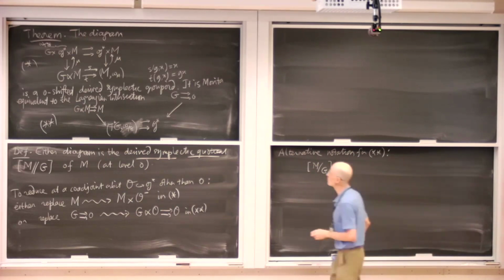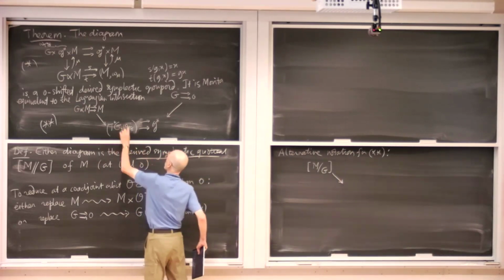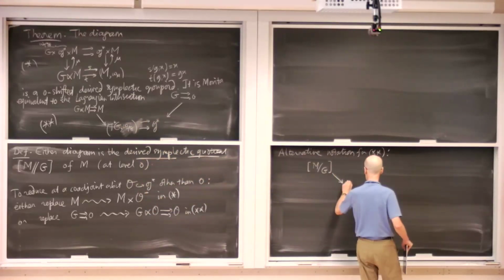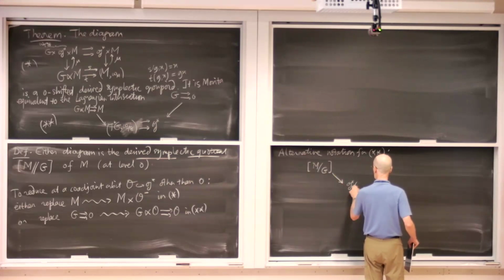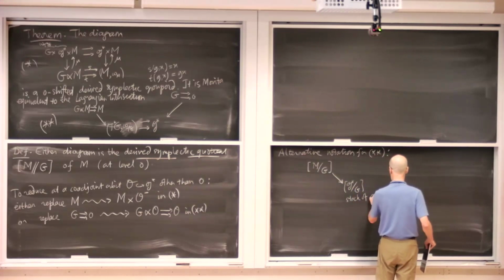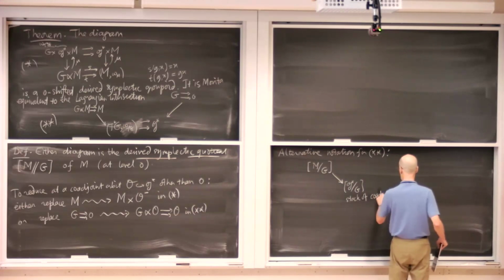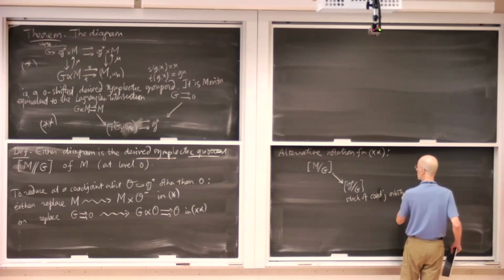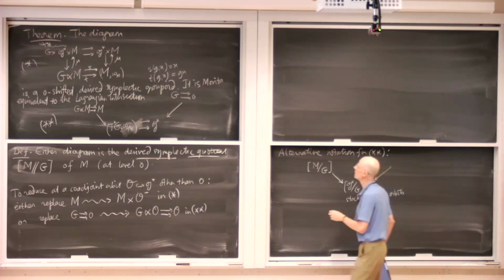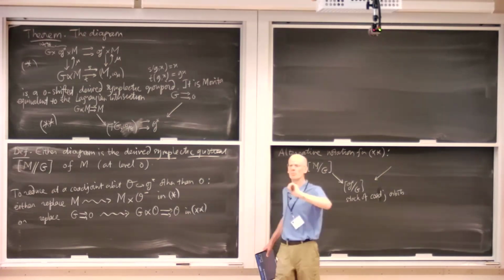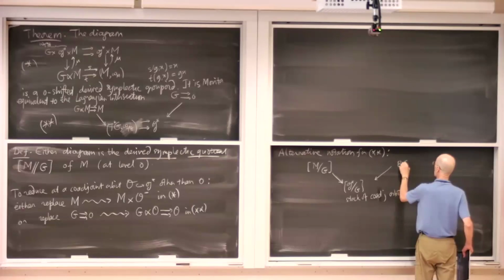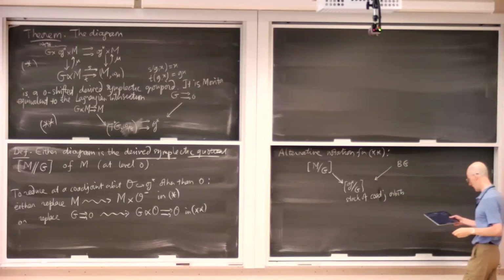And at the bottom we have, regard this as the action groupoid for the coadjoint action, and this groupoid represents the stack of coadjoint orbits. A point modulo the group represents the classifying space, viewed as a stack.